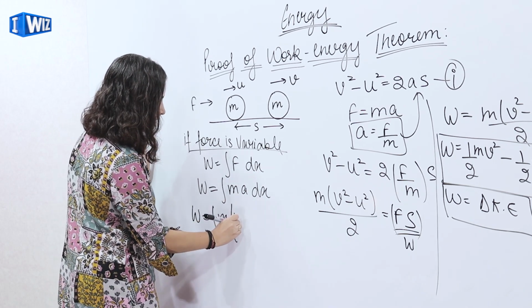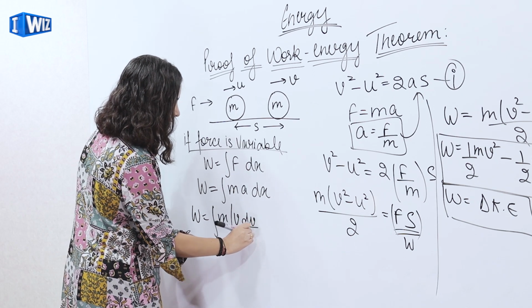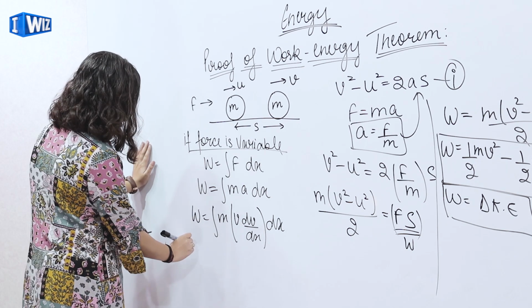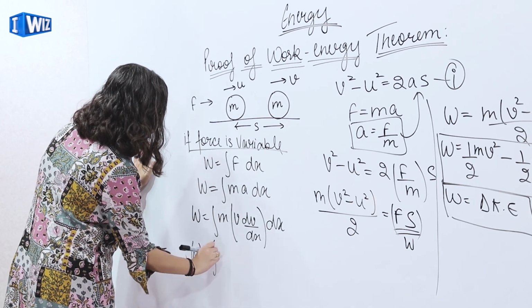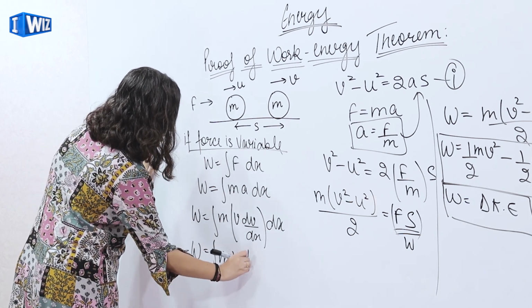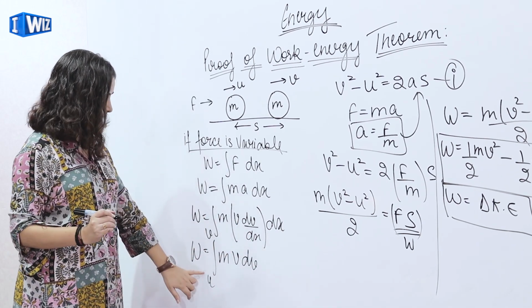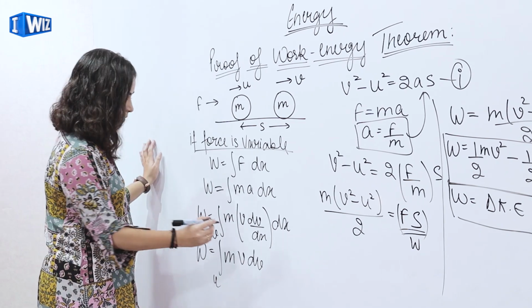Acceleration I can write as v dv upon dx, so work done is equal to integral of mv dv. Limits are from u to v, that means initial velocity to final velocity.